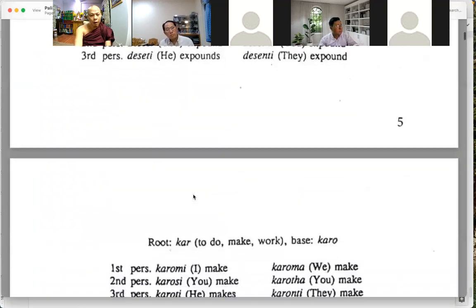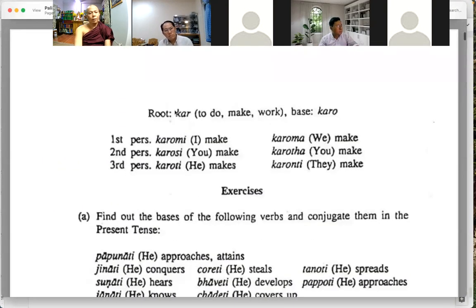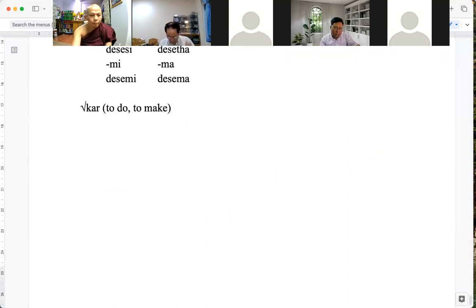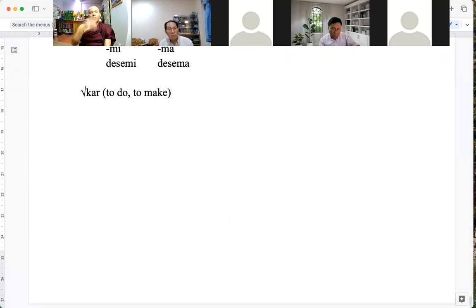So the next root is Kar. Kar means to do or to make. To do, to make. But the sign is O. So that is why we have the Karo base.